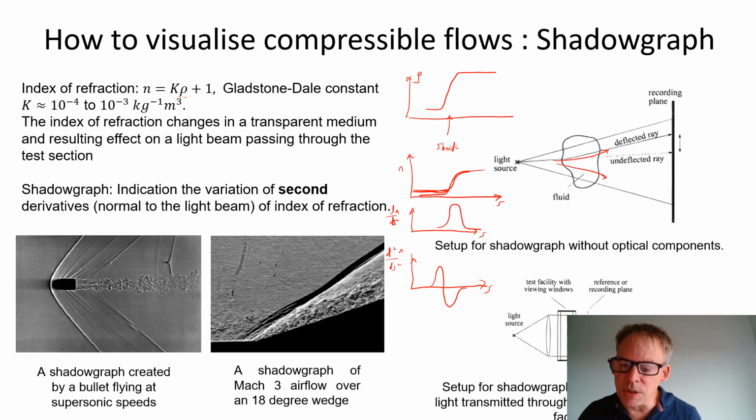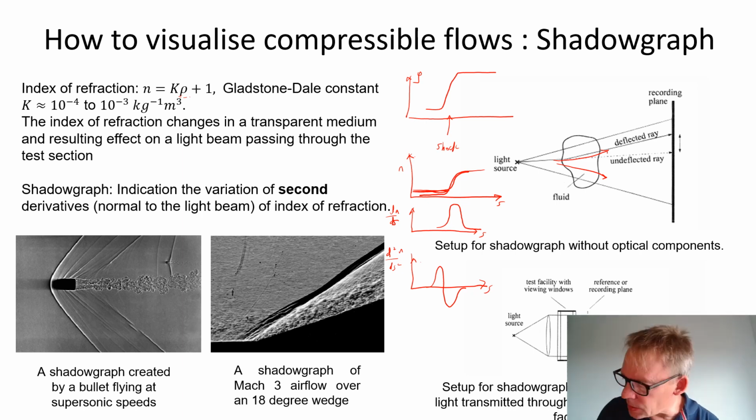The change in refractive index leads to the accumulation or divergence of the light rays, which leads to bright and darker regions. Shadowgraph picks up the second derivative.